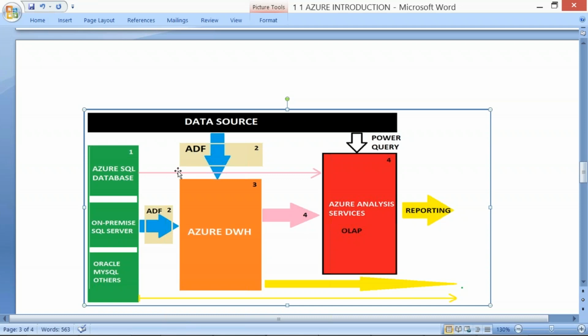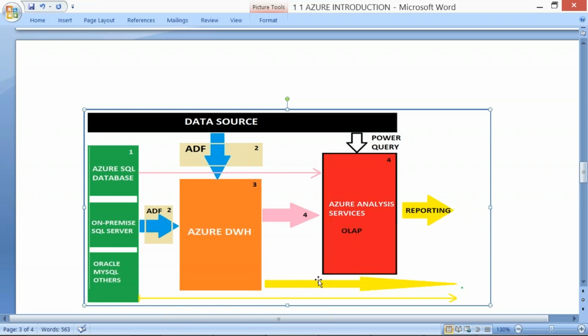We use ADF, Azure Data Factory, and load the data into the warehouse. We design the warehouse and load the data. This would be our actual job role, or actual examples next. And then eventually load the warehouse data into OLAP for reporting.